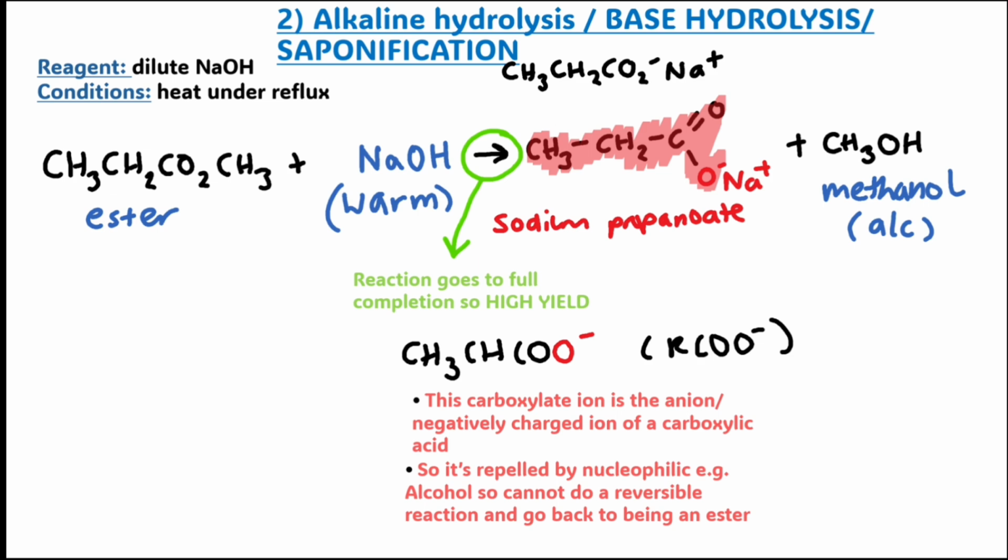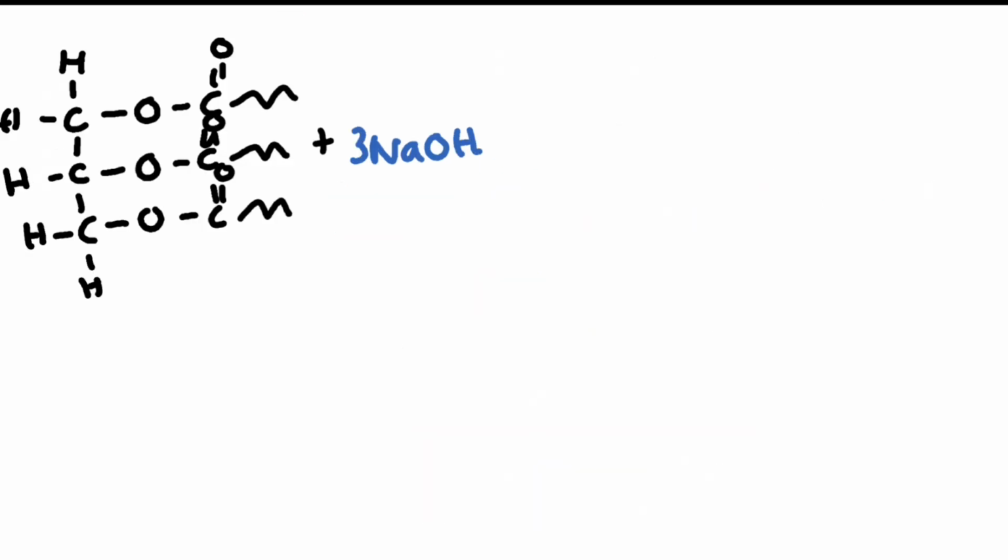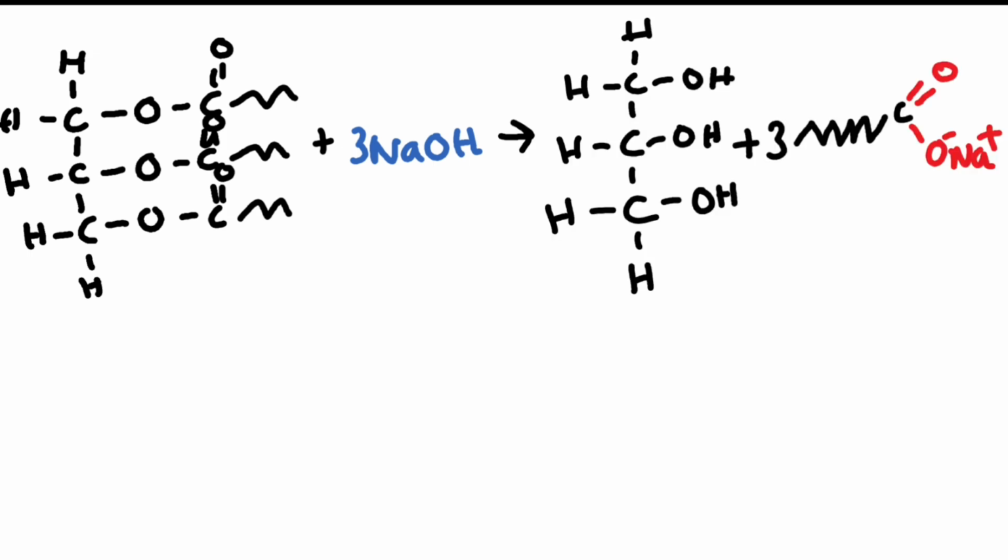Here I wrote an example of an ester reacting with sodium hydroxide, but this ester is very special because usually it's shown in exams with different things. I just did the zigzags to show there's a different compound there. This represents a fat or an oil reacting with sodium hydroxide, which would create an alcohol and a sodium compound, shown here.